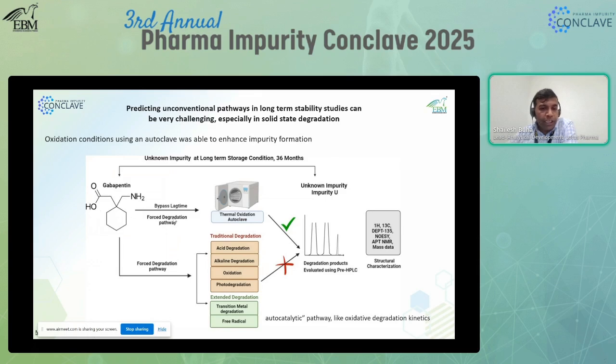When we do forced degradation, not only thermal study but thermal oxidation autoclave studies, we have to infuse some free radical oxygens. We have to provide constant temperature for a certain period so that the energy is constant and the impurity can be enriched.